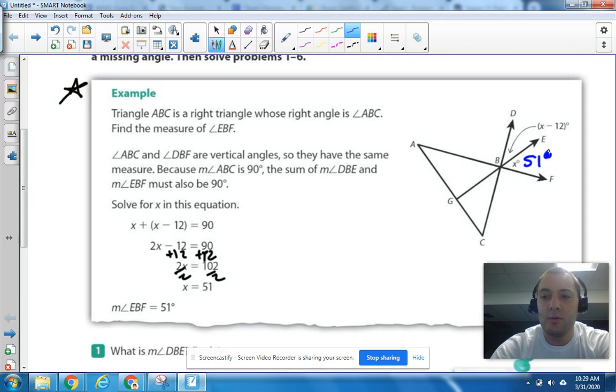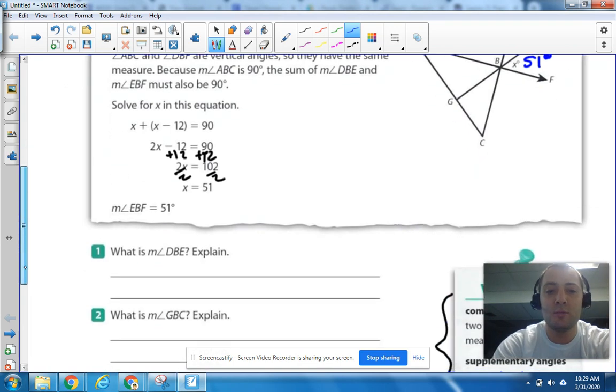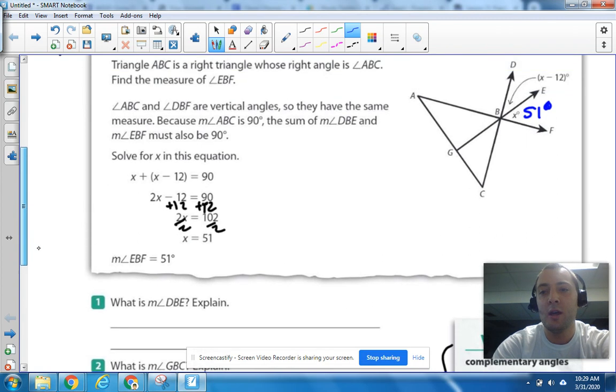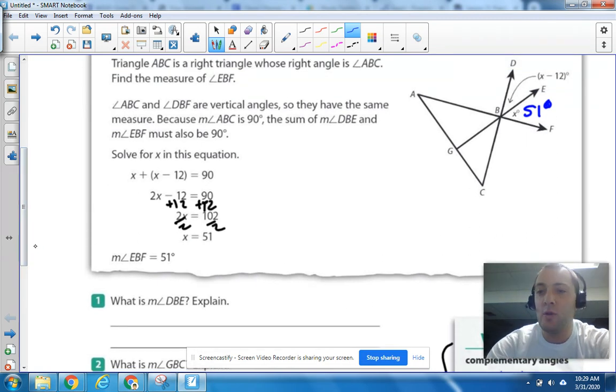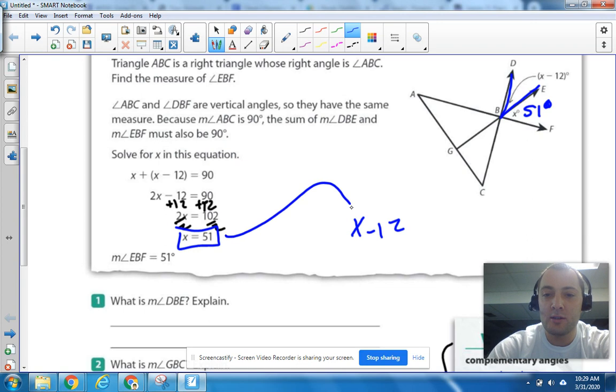Now, there's actually multiple ways you could figure out angle DBE. So number 1 asks you, what is the measure of angle DBE, and explain how. So one way you could do it is that if you know that x is 51, and you want to find the measure of angle DBE, so I'm going to put that in blue here now as well, this angle, which is x minus 12, if you know x is 51, let's just plug in 51 for the x.